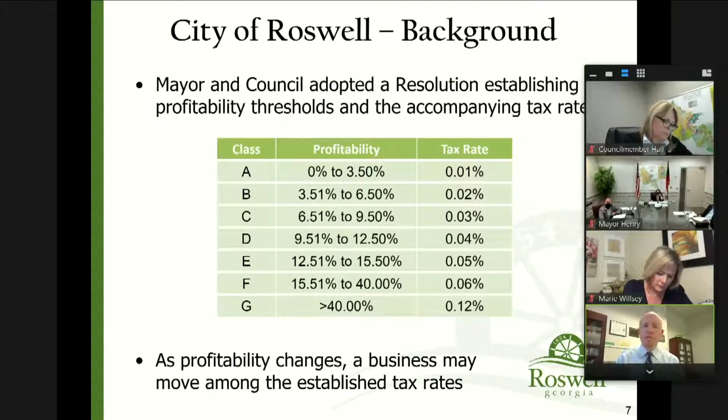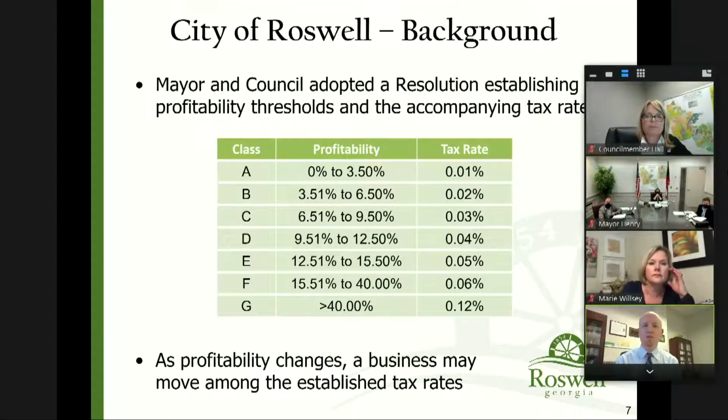So when it comes to profitability tables in the city of Roswell, as part of the initial setup back in 2016, the mayor and council did adopt a resolution. This was separate from our ordinance that established profitability thresholds and the accompanying tax rate. So you can see here that the council established the ranges of profitability and along with that, what tax rate goes with each one.